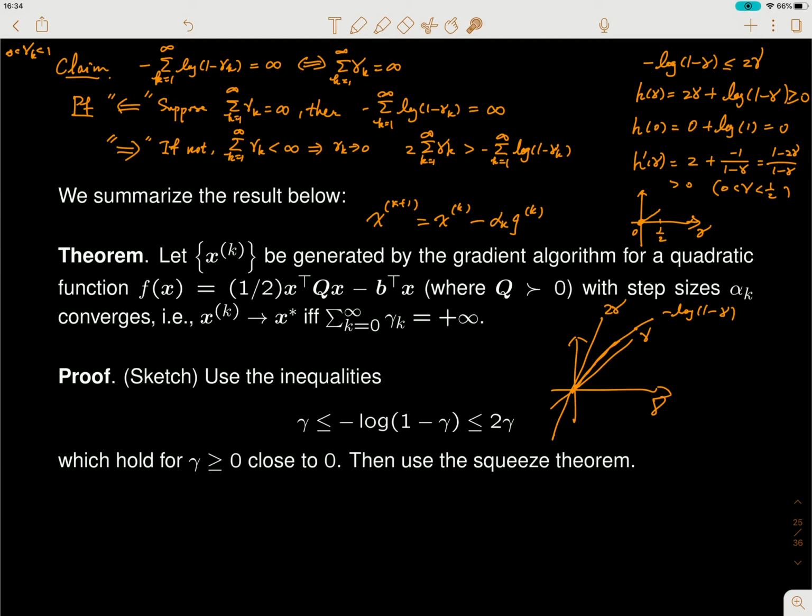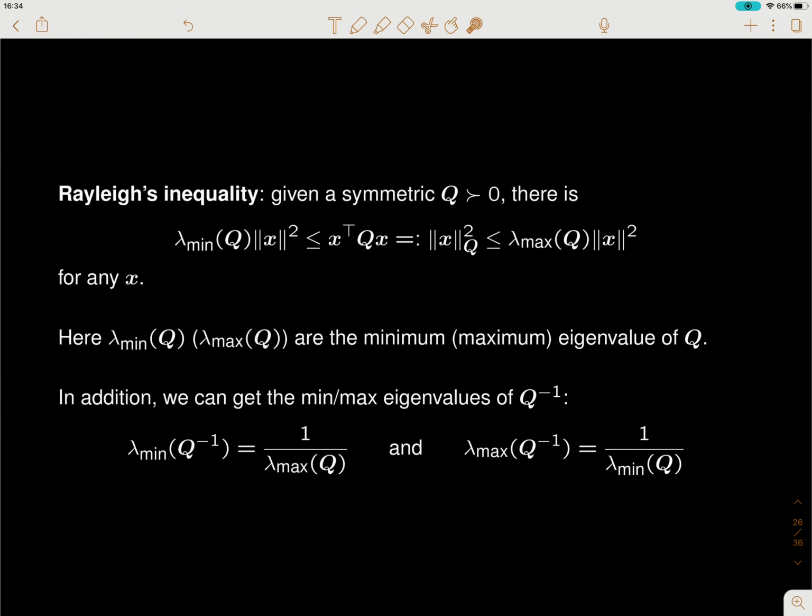Okay, this is how we prove the general result. So this result is actually pretty special. It considers the gradient descent type of algorithms, and it tells us a sufficient and necessary condition for this algorithm to converge when the objective function is a quadratic function. Okay, so that's the claim we are making here.